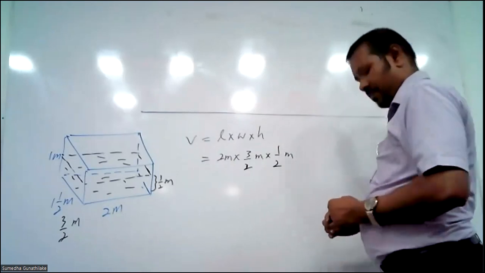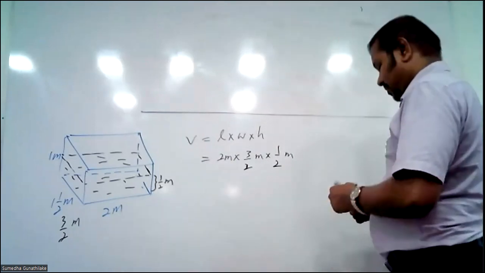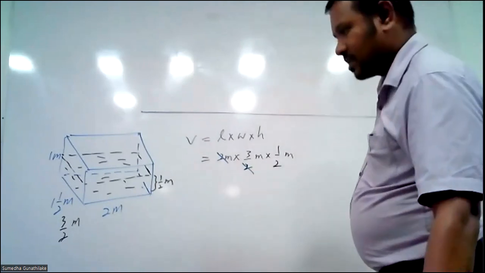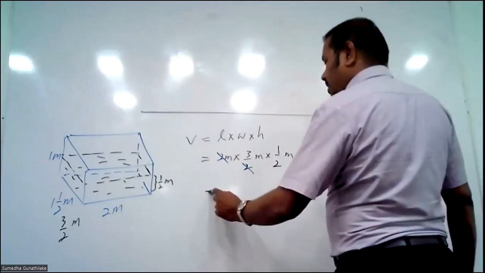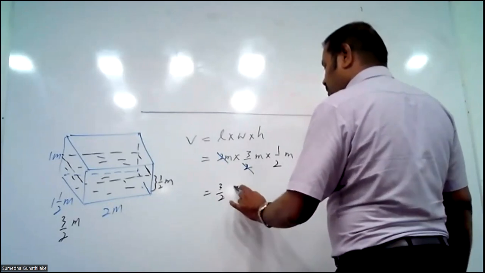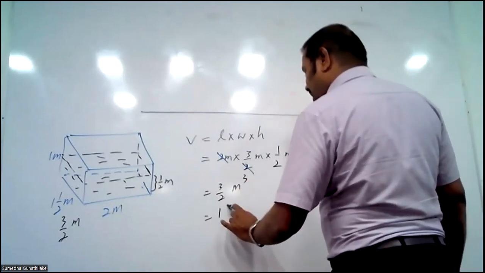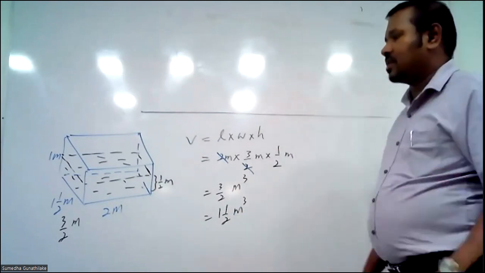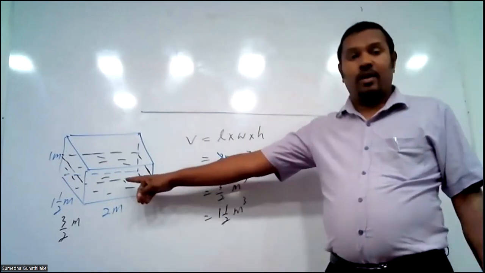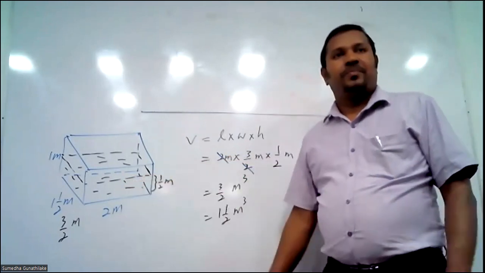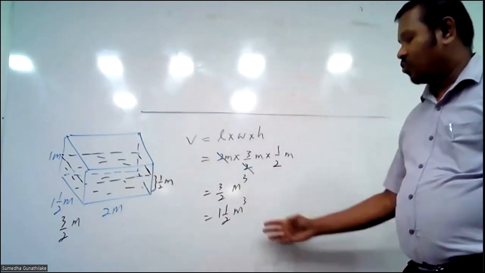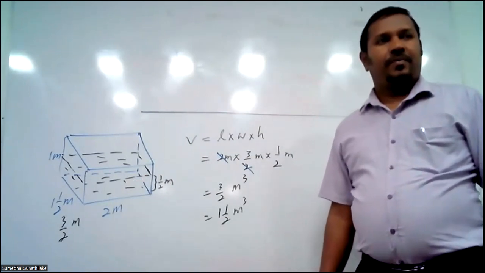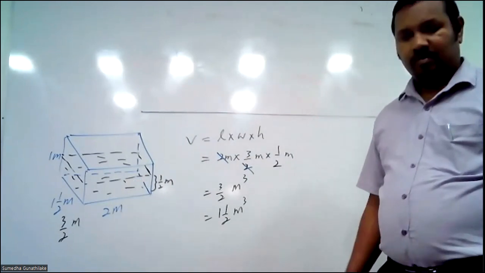Now you can see these two cancel. Again, we will have 3/2 cubic meters. That is 1.5 cubic meters. The volume of the water, not the cuboid. Volume of water is 1.5 cubic meters.